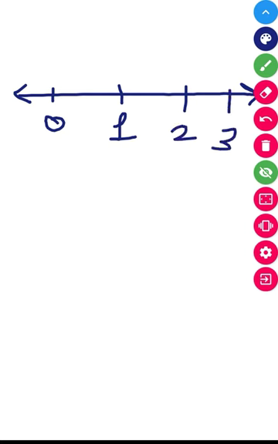Now this is 1 centimeter, and we also have made 1 centimeter here. That means this line is equal to this line, both are 1 centimeter each.